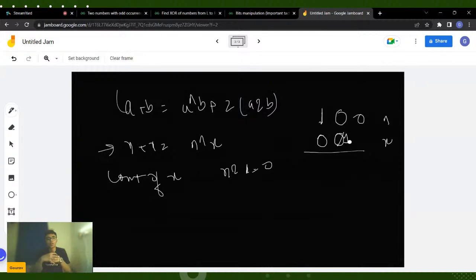So how will you tell me how many different types of x's exist? You have to apply just a small concept of permutation and combination, and you will get the number of different types of x's that can exist.